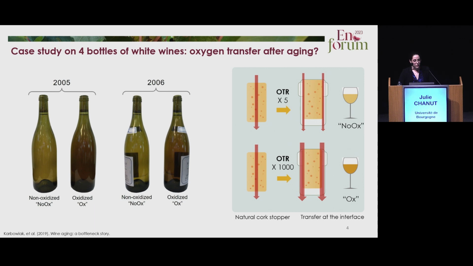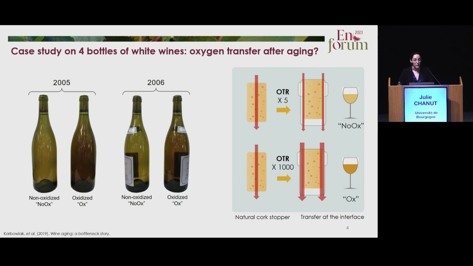In order to confirm the visual assumption, we performed a series of analyses, first on the wine and then on the closure. We performed chemical, sensory and metabolic analysis as well. And we indeed realized that in this production batch, coming from two vintages, in 2005, 1 bottle is oxidized and the other is not, and the same goes for 2006.